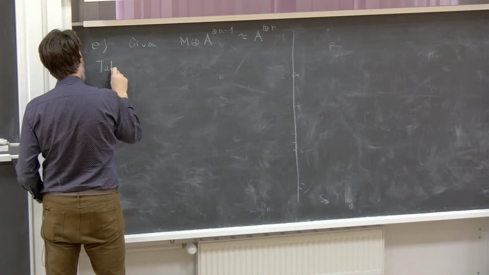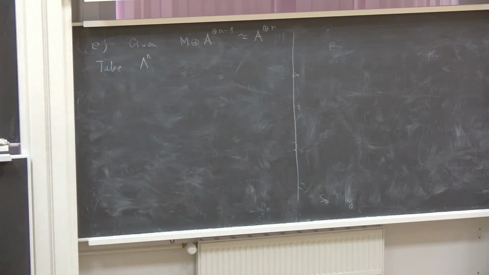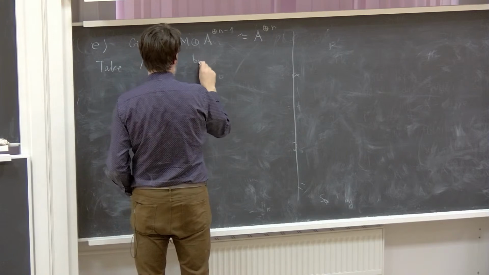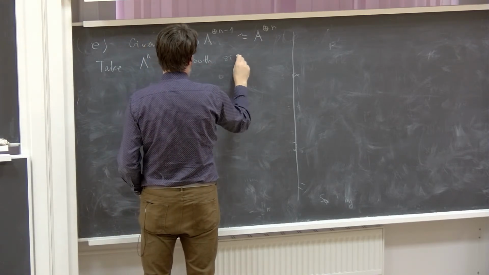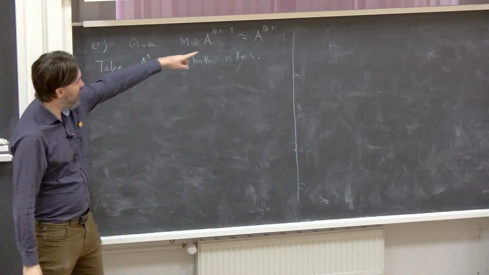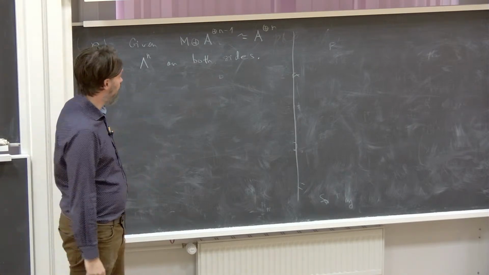So take wedge to the n on both sides. On the right-hand side, if I take the top wedge power of a free module, I just get the free module of rank 1.